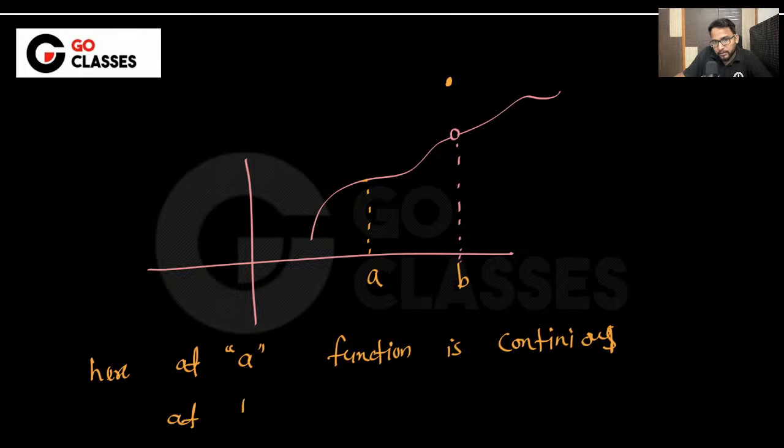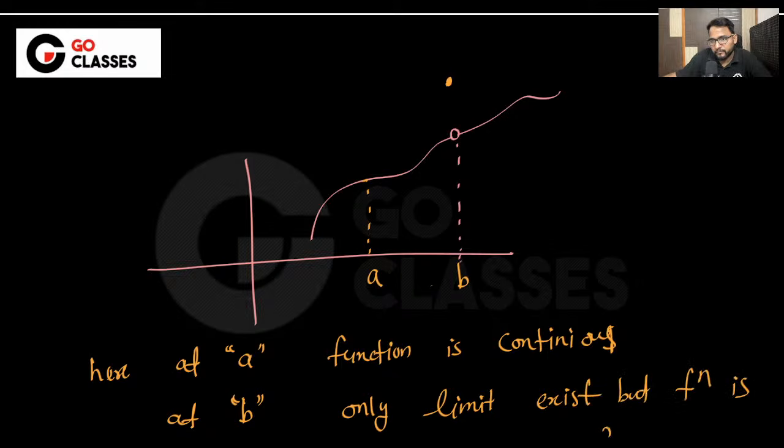At B, only the limit exists, but the function is not continuous, right?